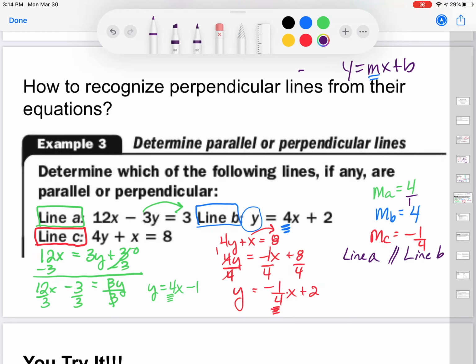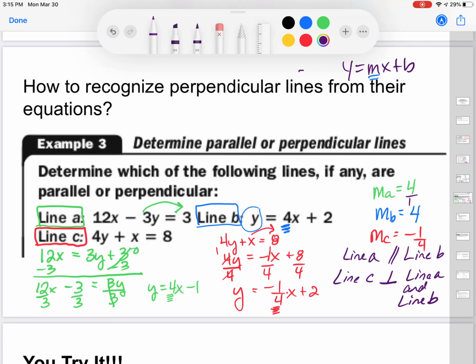Well, that would be the same slope as negative 1/4, which is the slope of line C. So what that tells you is line C is indeed perpendicular to line A, but also to line B, okay? Why? Because A and B are parallel. So if it's perpendicular to line A, it has to be perpendicular to line B, because line A and B are going in the same direction.